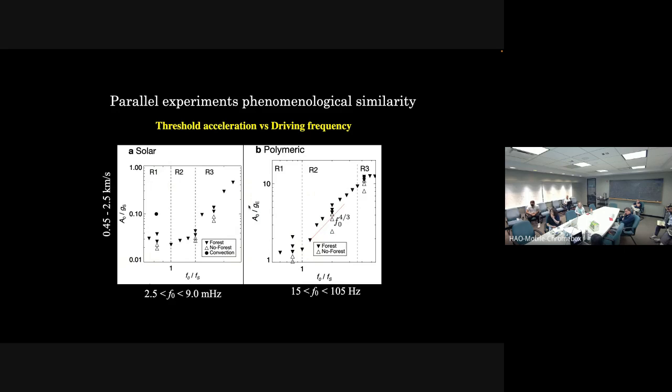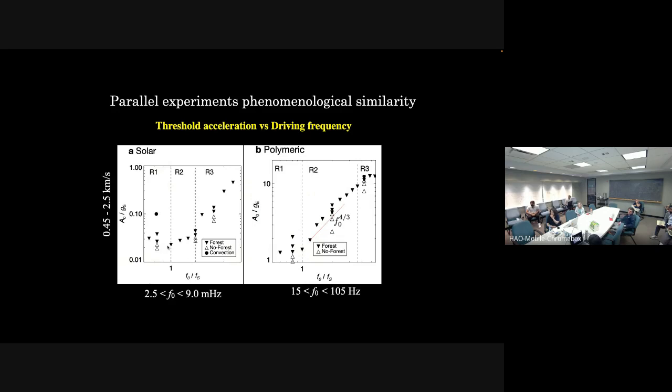Only thing is that here we have scaled it with the local Earth's gravity. So you see that in this region 1 and 2, they have very similar monotonic behavior. For example, in region 1, in both cases, they tend to increase or level out with the frequency here.